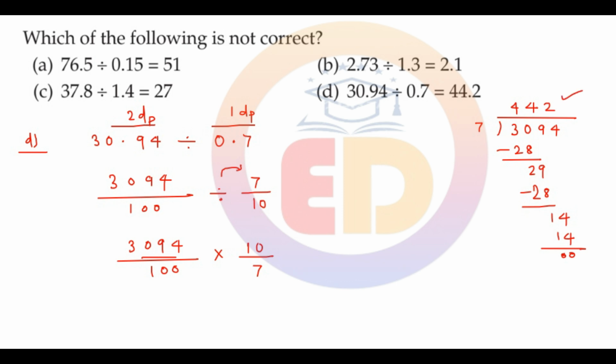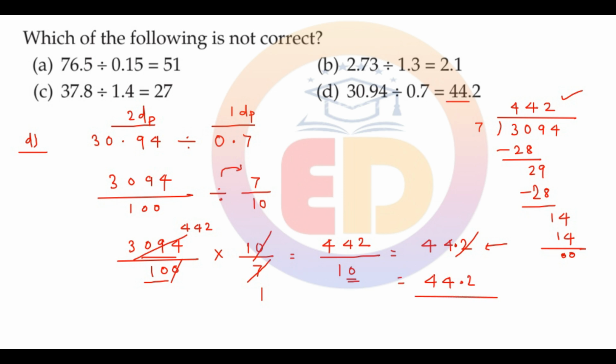So when I divide 3094 by 7, here I'll get 1, here I'll get 442. Cancel one 0 of 10, one 0 of 100. Denominator I'll have 10. 442 upon 10. There is one 0 in 10, so go to the numerator 442. Count one digit from the right side, which is 2. After that, place a decimal point. It will give us 44.2. So option number D is also correct.